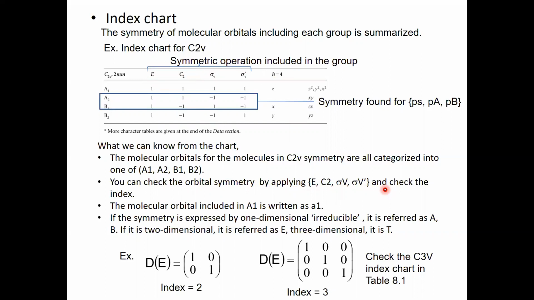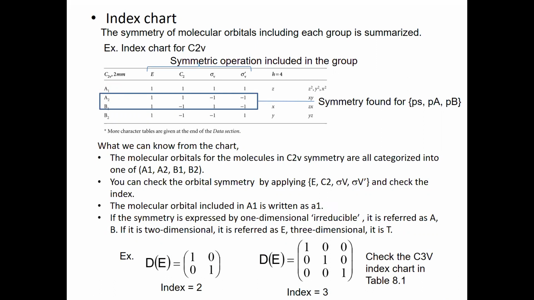Okay, and the molecular orbitals included in the A1 symmetry are given by the small a1. Probably you've seen this kind of expression in the spectroscopy or some optical transition literature and so on.